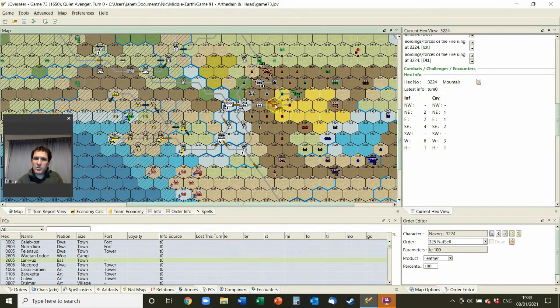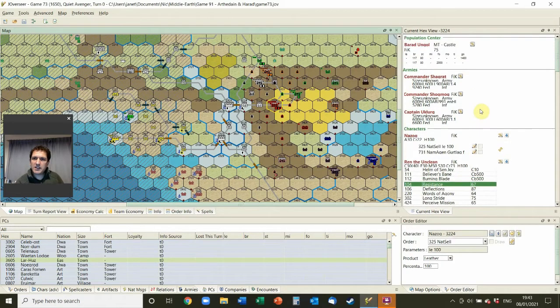So if this army wanted to move northwest, it couldn't, because that would be moving from mountain to mountain. But if it wanted to move northeast, if it was infantry, it would cost 2 points. If it was cavalry, it would cost 1 point, because they are the standardized costs for moving into a desert hex along a road. So that's the current hex view.